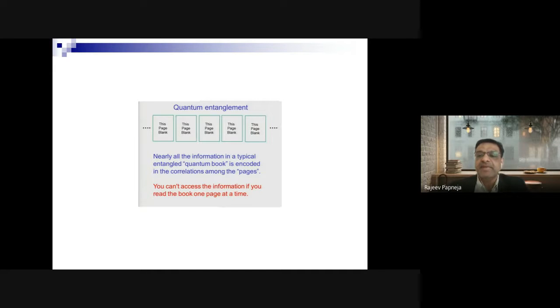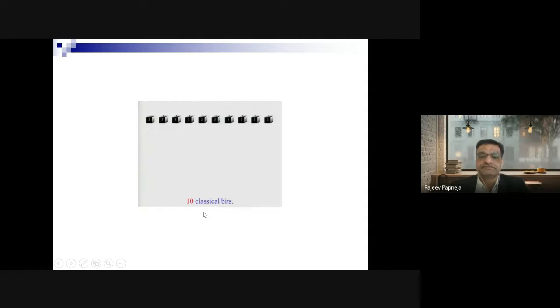Well, we can think about it this way. Let's compare many classical bits with many qubits. Suppose it's 10 classical bits we've got. Now, let's say there is a colored ball in each of the boxes as well.